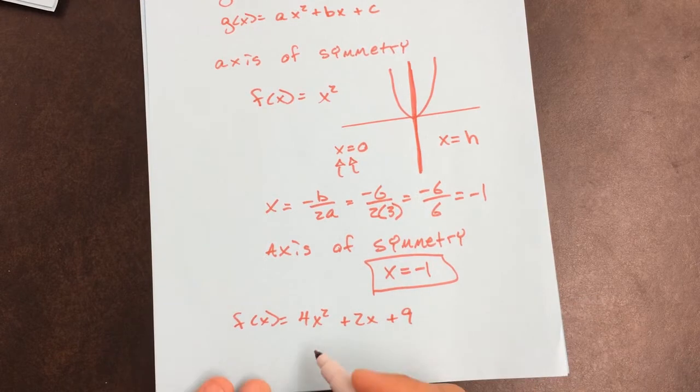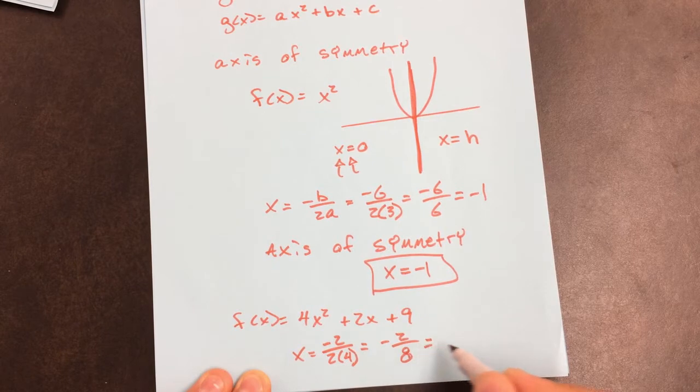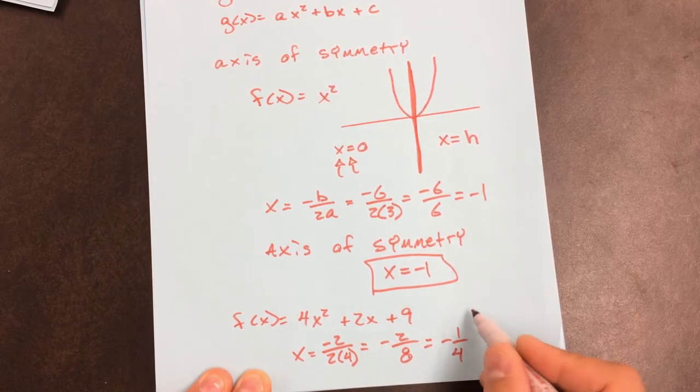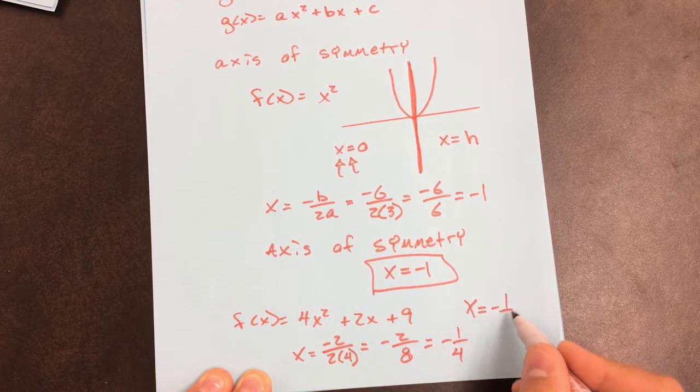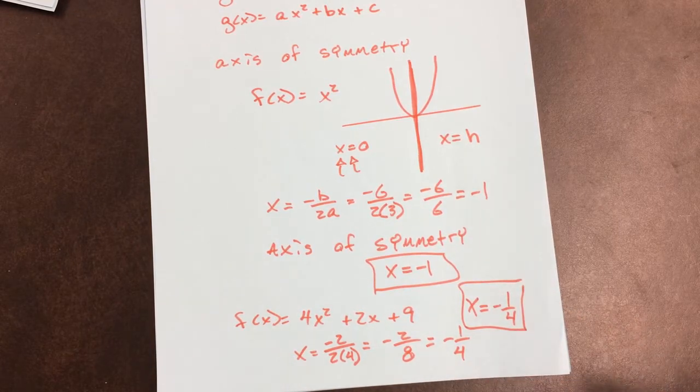Axis of symmetry here is going to be x equals negative b, which is negative 2, over 2 times a, which is 4. Negative 2 over 8, or negative 1/4. I'm just going to rewrite the equation right there. So it's fairly simple.